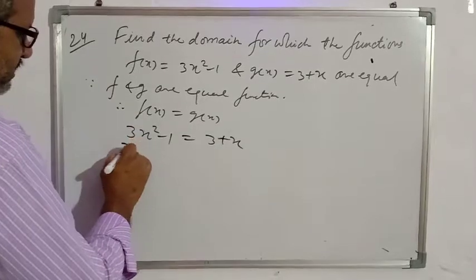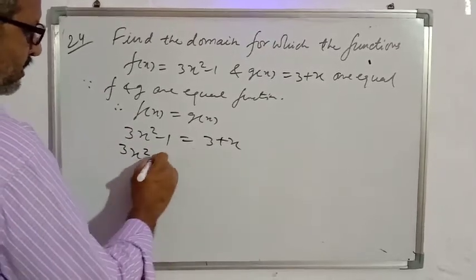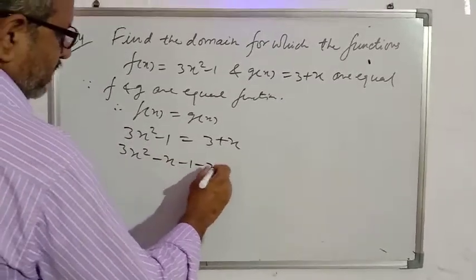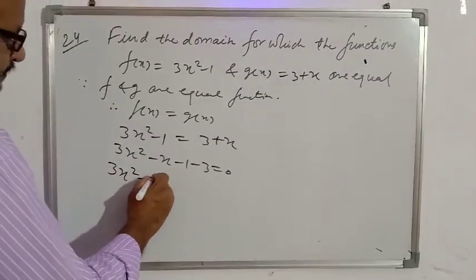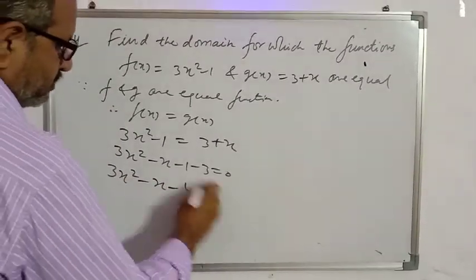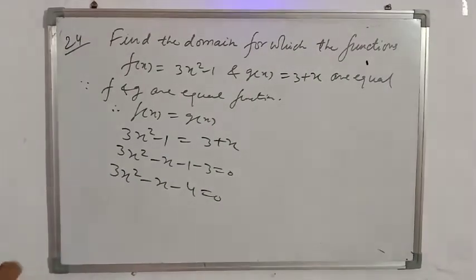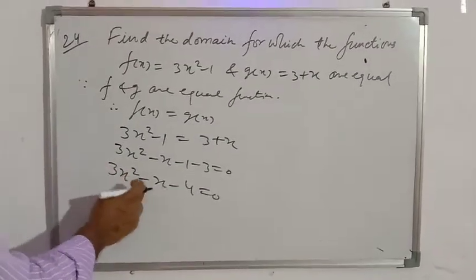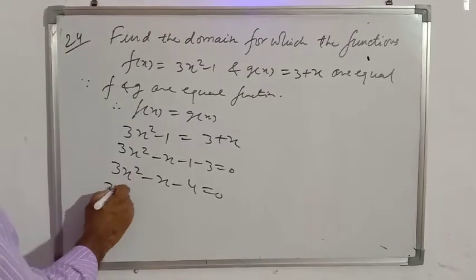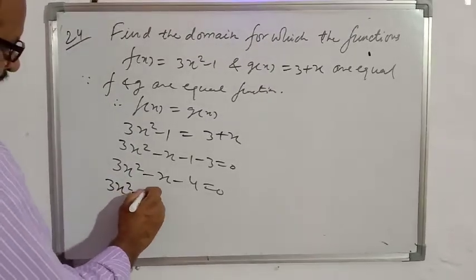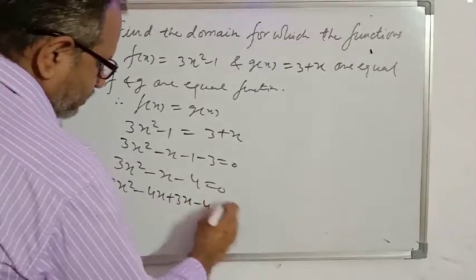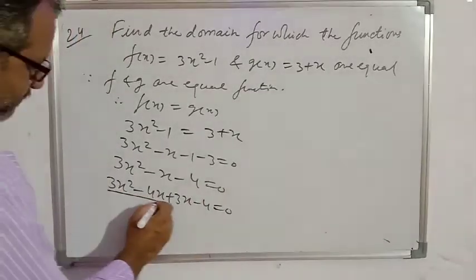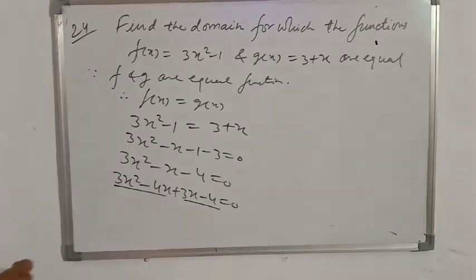Transpose to one side: 3x square minus x minus 1 minus 3 is equal to 0. 3x square minus x minus 4 is equal to 0. Factorize it. 4 times 3 is 12, 4 minus 3 will be 1. So 3x square minus 4x plus 3x minus 4 is equal to 0. Make pairs and take common.